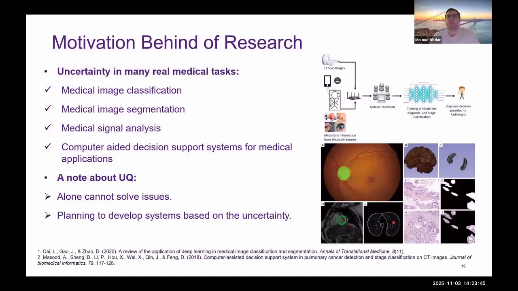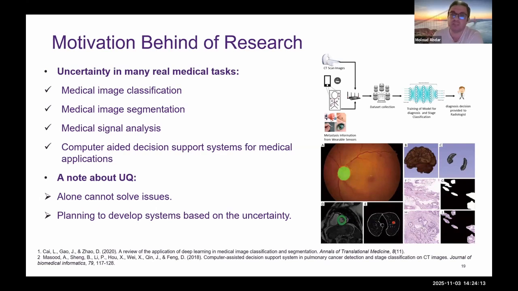The motivation behind the research for medical cases is that uncertainty appears in many real medical tasks, like medical image classification, segmentation, signal processing, and computer-aided decision support systems for very critical medical applications. One note about UQ is that alone it cannot solve issues.